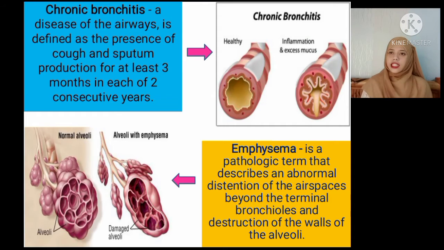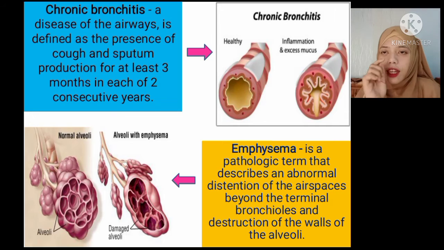So chronic bronchitis, a disease of the airways, is defined as the presence of cough and sputum production for at least 3 months in each of 2 consecutive years. As you can see in the picture, this is the healthy airway. If there is chronic bronchitis, there is inflammation and excess mucus.